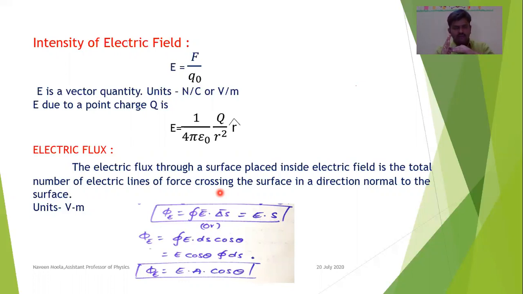Here you should note one thing, that it is normal to this area. So to indicate that, we consider area as a vector and the direction of that area as the perpendicular, normal drawn to that area. Using that, we calculated electric flux.